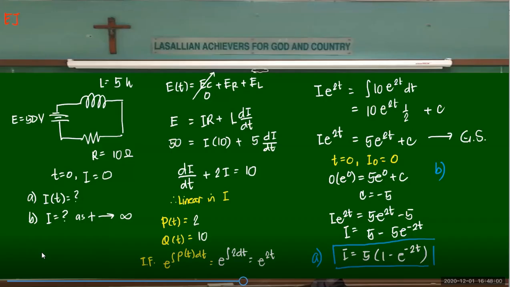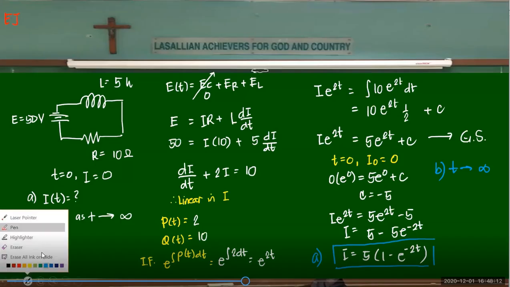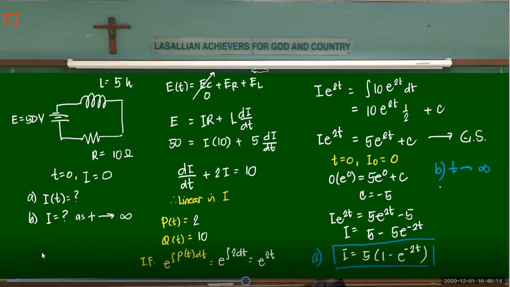So let's try letter B. You're asked, what is the current as time goes on indefinitely? That means when time approaches positive infinity, let's just plug it in. What would be the value? I equals 5 times the quantity 1 minus e to the negative infinity, which is 0.